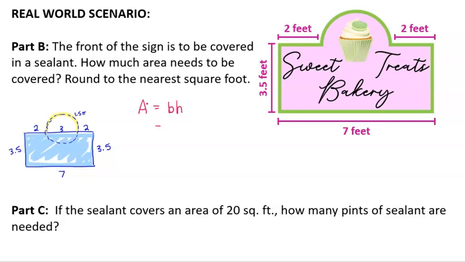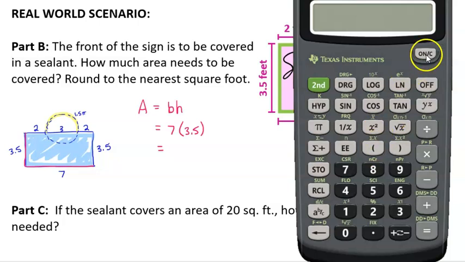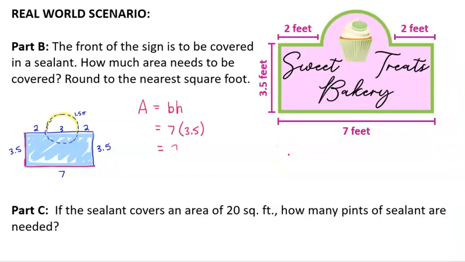And so the base of our rectangle here is 7. And then the height of our rectangle here is going to be 3.5. And so we're just going to pop that into our calculator. Clear it out. 7 times 3.5 equals, and we get 24.5. So we get 24.5 for the inside of this piece.